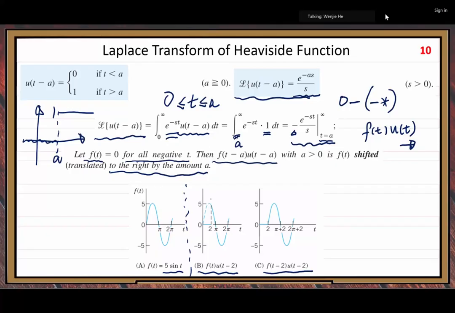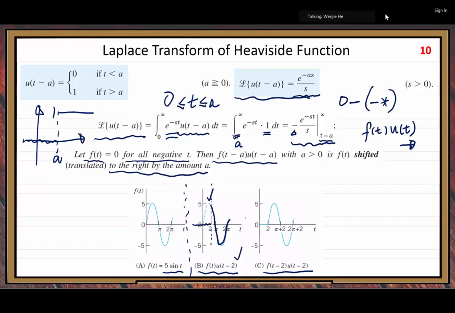You fix the f shape, but you start at 2, so you draw a vertical line at t equals 2, and before 2 it's 0. After 2, you take the f function part. That's the meaning of this function.